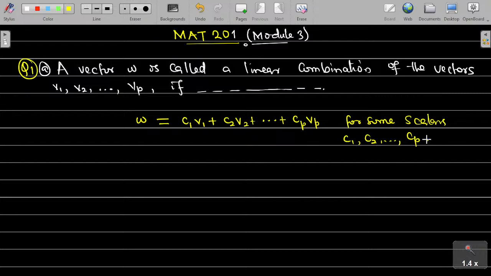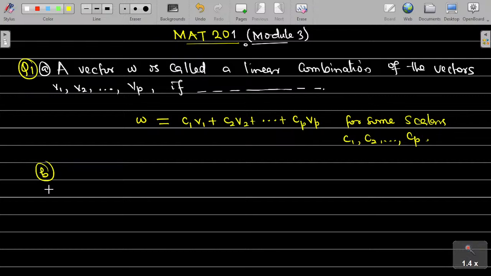Sometimes we make use of Cn, that's if our V stopped at N. We are using up to CP now because our V stopped at P. So depending on what you have, you are going to be able to give your definition. This is the definition for a particular vector to be a linear combination of another set of vectors, and that's what they are asking for. That is all for question 1a, and so we go over to 1b.